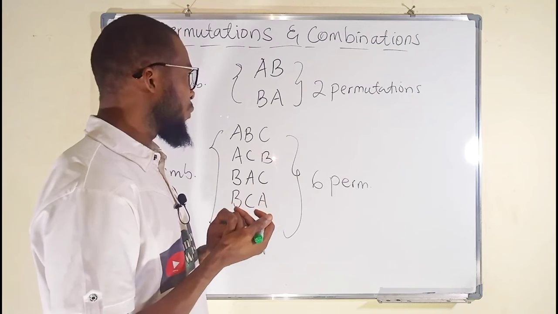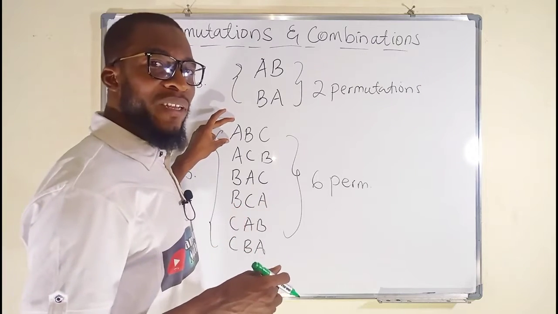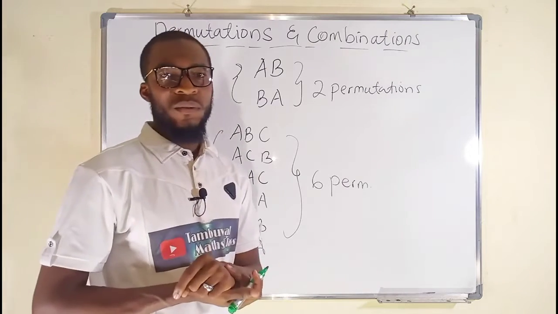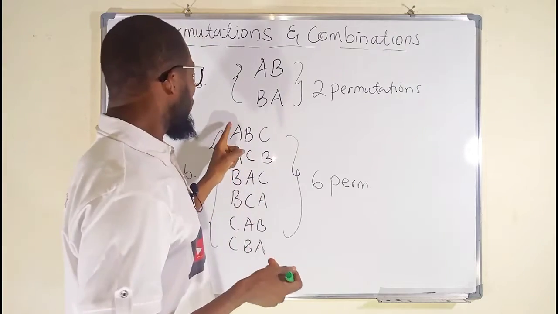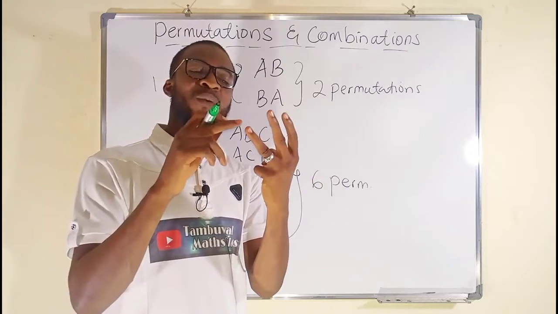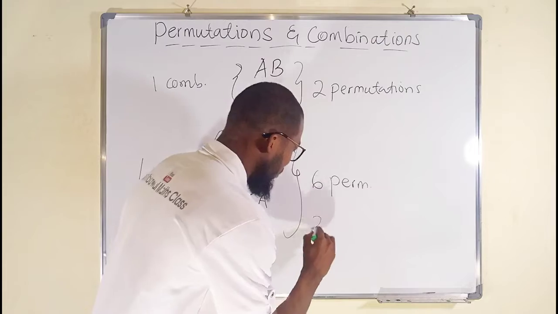Observe something here. Let me start with this one. We have 3 items, but we have arranged them in 6 different ways. To choose which letter comes first, you have 3 options. The first letter could either be A, B, or C. 3 options.